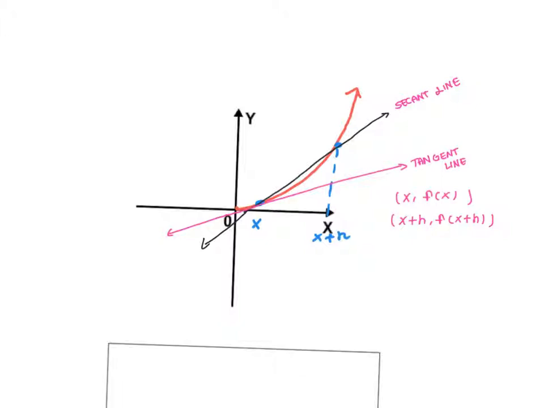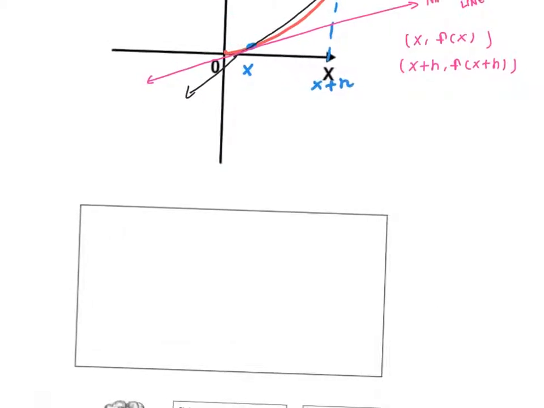Keep drawing secant lines until I get closer and closer to that tangent line, where h is so far from x, right? But if I close in on it and I make that h 0, then I'm right at my tangent line. I'm right at the slope of my tangent line. So what we're going to do is find the limit as h approaches 0 of our slope. Okay? So let's do that.